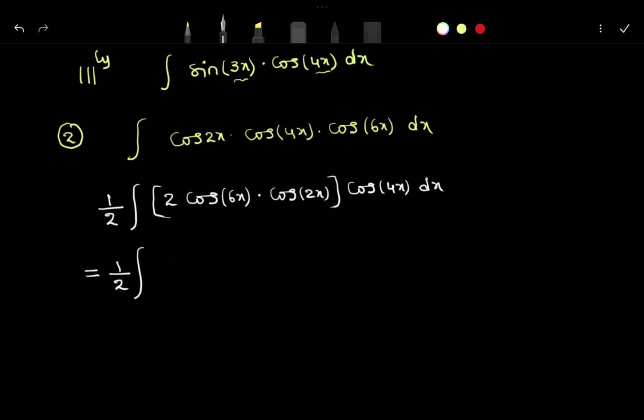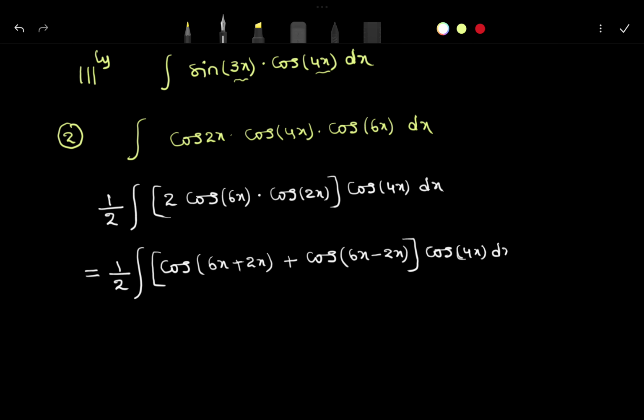So what I am telling you here is simple: the biggest angle you take as a, the smallest angle as b. Now it becomes cos of (6x plus 2x) plus cos of (a minus b), which is cos of (6x minus 2x), into cos 4x dx.